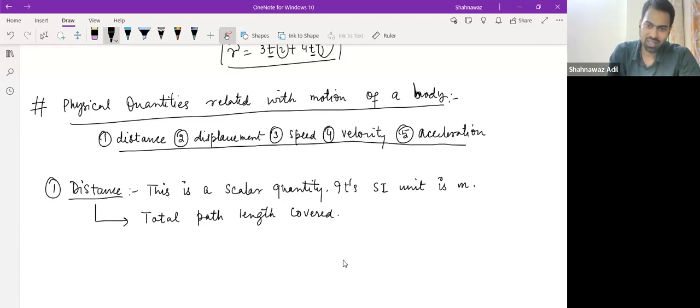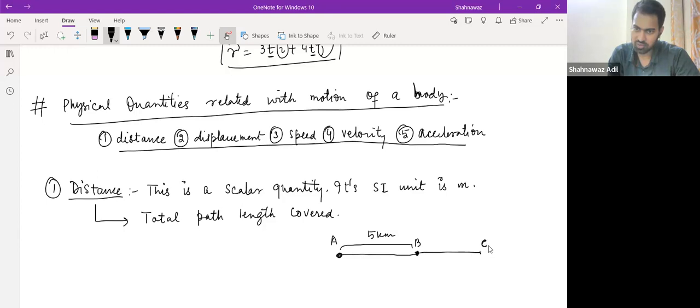So let's say that the object was at A, and it moved from A to B. This length is, let's say, 5 kilometers. And let's say this is B, and then again I move up to this point C, which is, let's say, 10 kilometers.